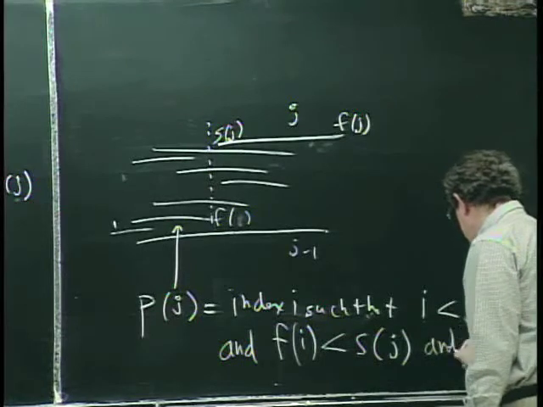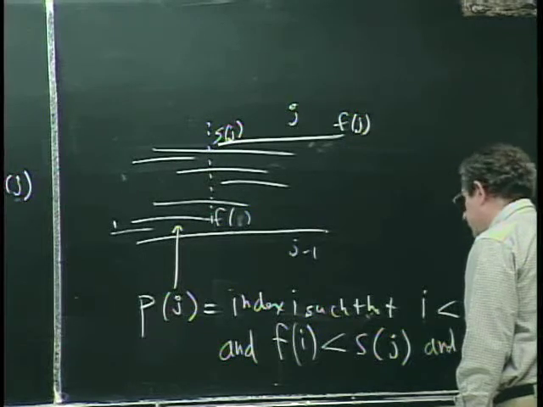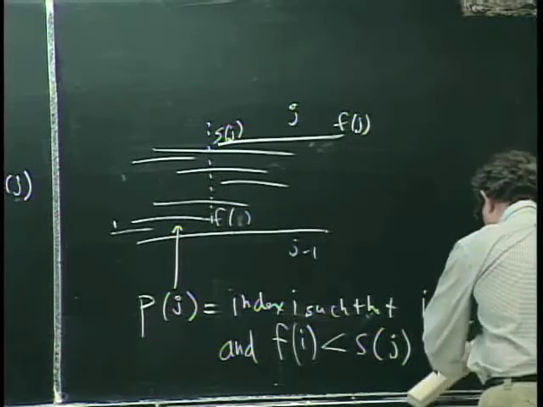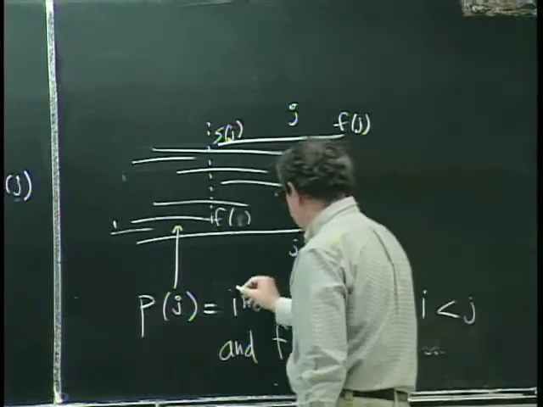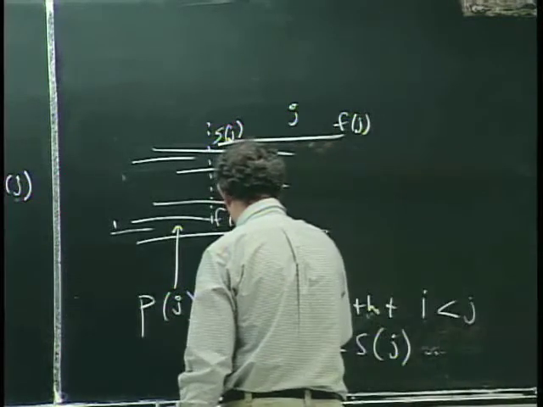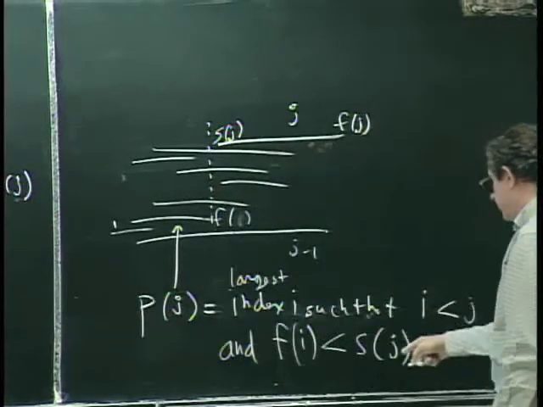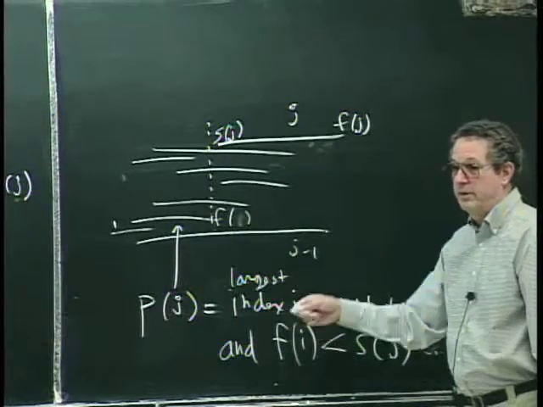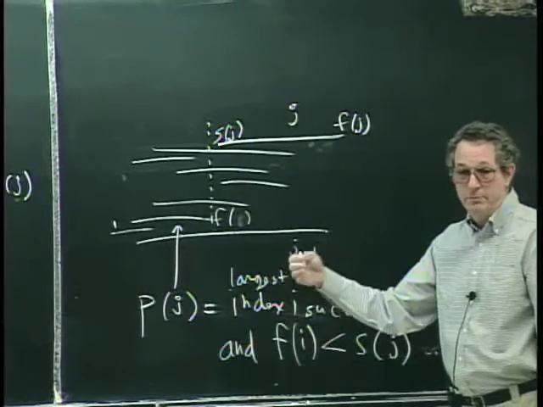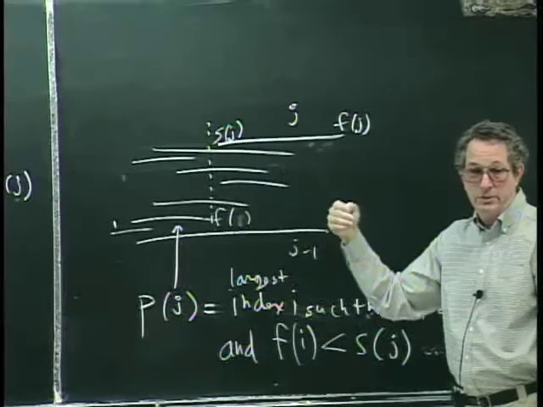And it's easiest to do it this way. It's the largest index i such that this is true. Okay, and this is in the sorted order. So we've sorted the intervals and we've given them numbering 1 through n based on their ordering in that sorted order.